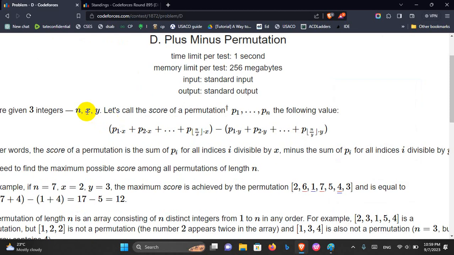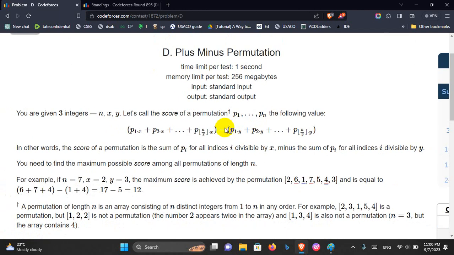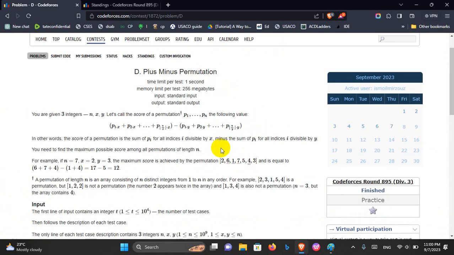So here we need to make sure that, starting from the index of x, every time we add 1 in the coefficients, till we don't exceed n, and subtract. That's the same for y.